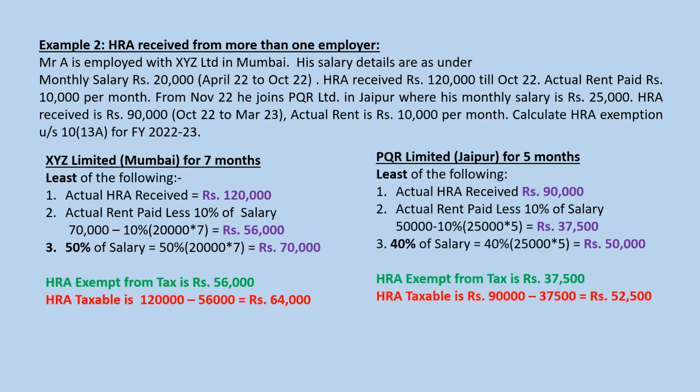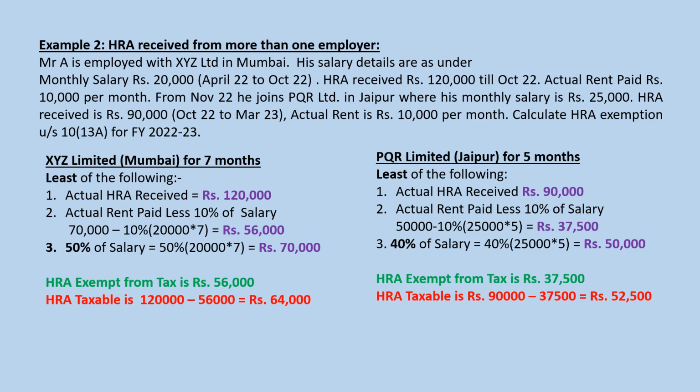Now in PQR Limited, which is situated in Jaipur, we have to take the HRA for 5 months. So that will be the least of the following. Actual HRA received is 90,000 per annum. That is for 5 months. Actual rent paid less 10% of the salary will become 37,500, and here we will take 40% of the salary, since the company and the accommodation is in Jaipur.